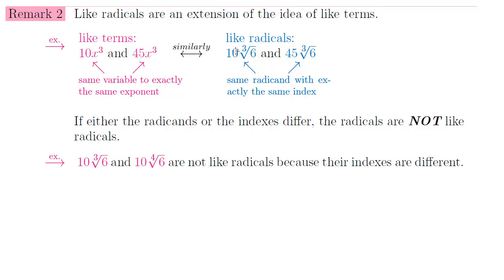Similarly, 10 cube roots of 6 and 45 cube roots of 6 are like radicals because they have exactly the same radicand, which is like having the same variable, and exactly the same index, which is like having the same exponent. As we move on with operations on radicals, you're going to notice that the way we treat polynomials and the way we treat radical expressions is very similar.